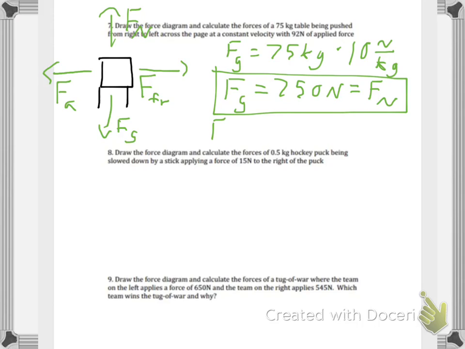Now the applied force it gives is 92 newtons. So we have 92 newtons, and to be moving at a constant velocity, that must be the same as the friction force.